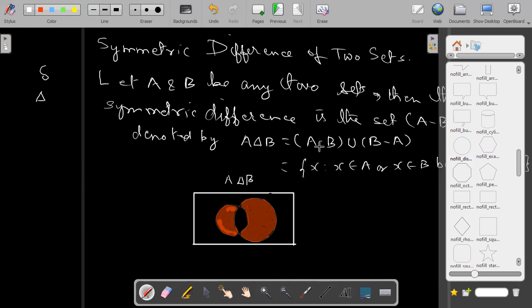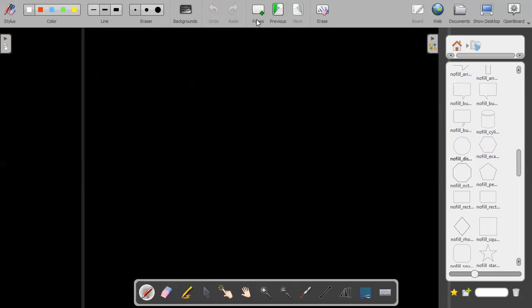Now there are some very important laws of difference of sets. There are some relations that you have to remember regarding the difference of sets. So this is called the law of difference of sets.